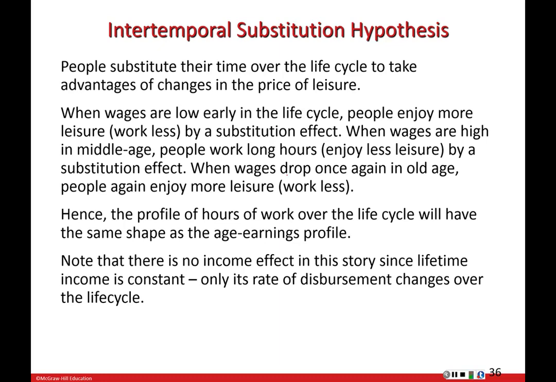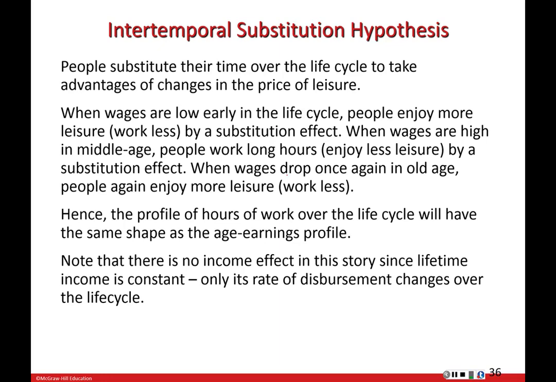Early in life, you get a very small trickle. You get very little of it every year when you're young. As you age, the trickle becomes a steady stream. You get a stream of money. And as you grow old again, it becomes a trickle. But the pot itself, you're going to get all that money. The timing of disbursement is what changes.